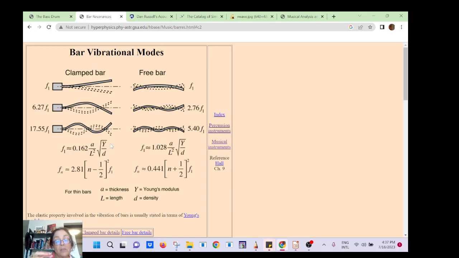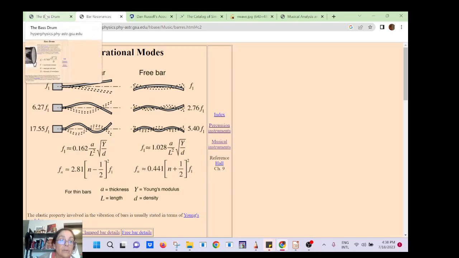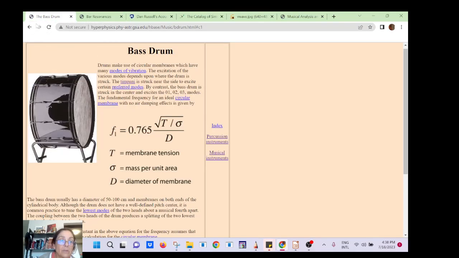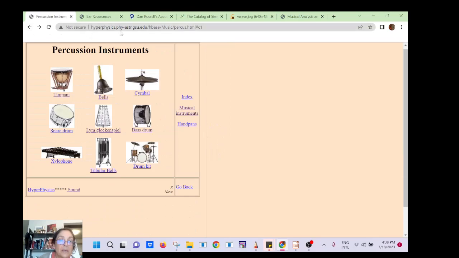It's like if you have a stiff spring, the restoring force will be larger compared to a flexible spring. And then it depends also on the physical properties of the object that is in vibration. So it depends on the thickness here, from here to there, and it depends on the length. So it's an interesting website.